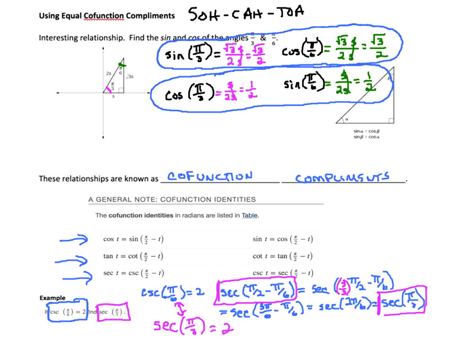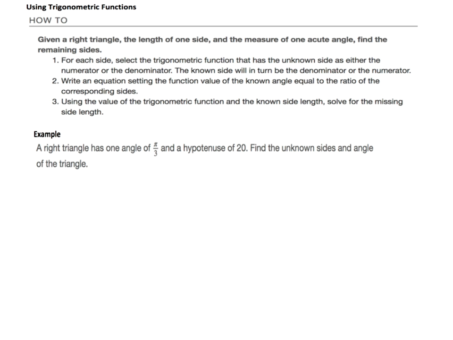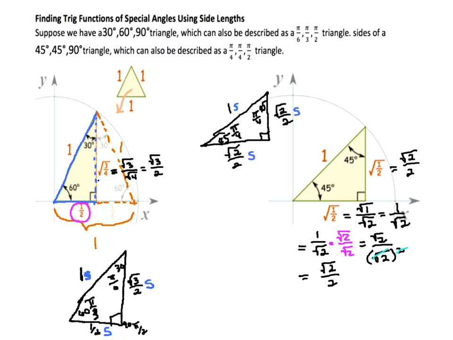Okay. Now we are finally to the point where those S's are going to make sense to you, Jeremy. And actually, I'm going to go grab the 30, 60, 90 triangle again, way back here. Hopefully, this will be clear as mud after this one.